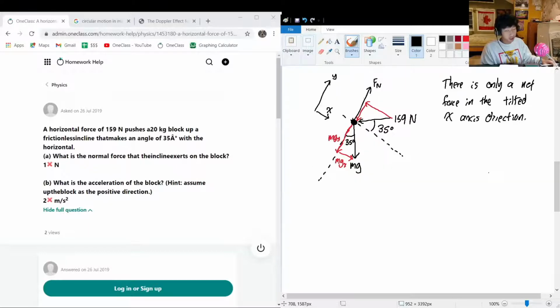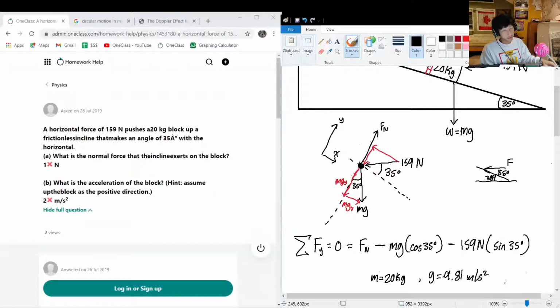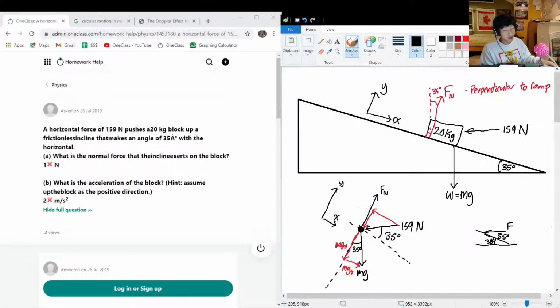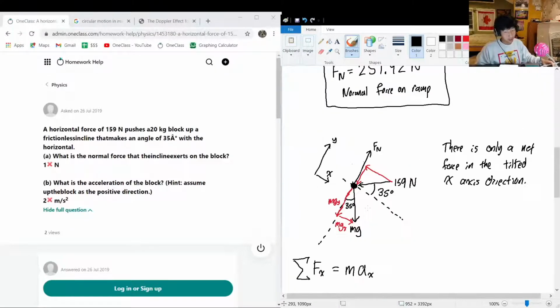So how we're going to set up our equation is: the sum of all x forces is going to be equal to the mass of the thing multiplied by acceleration in the tilted x-axis. Now previously we set up our equation differently, so the sum of all Fy was equal to 0, but that's because there's no acceleration in the y direction. Like if my arm is a slope, there's no acceleration this way, there's only acceleration this way. So that's why in the x direction we're going to have ma instead of 0, and that's going to be the sum of all the x direction forces.